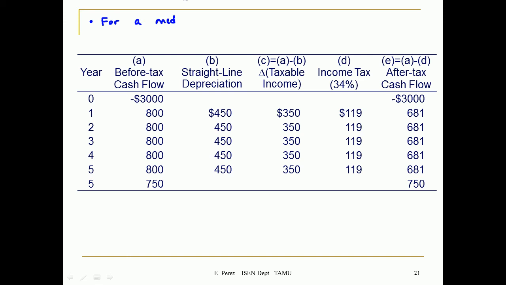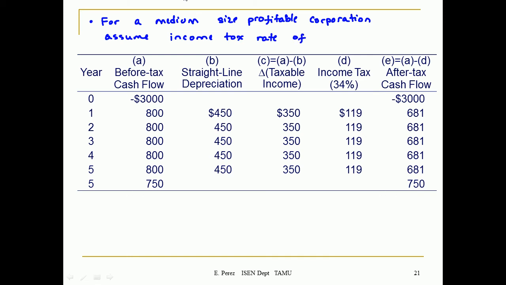For a medium-sized corporation, assume an income tax rate of 34%. Okay? So that information will allow us to get the after-tax cash flow.